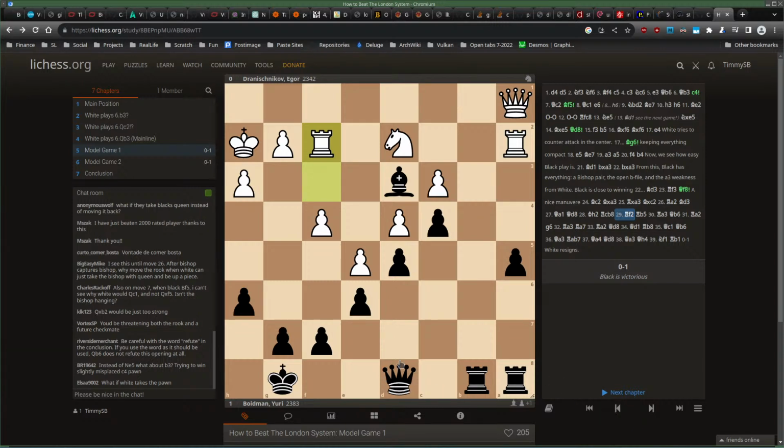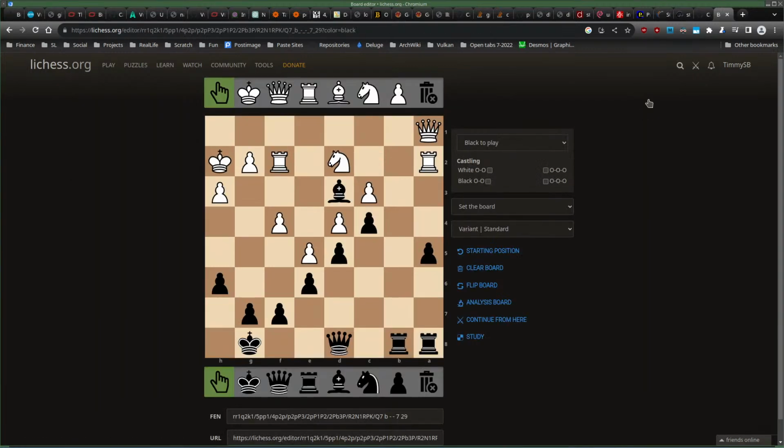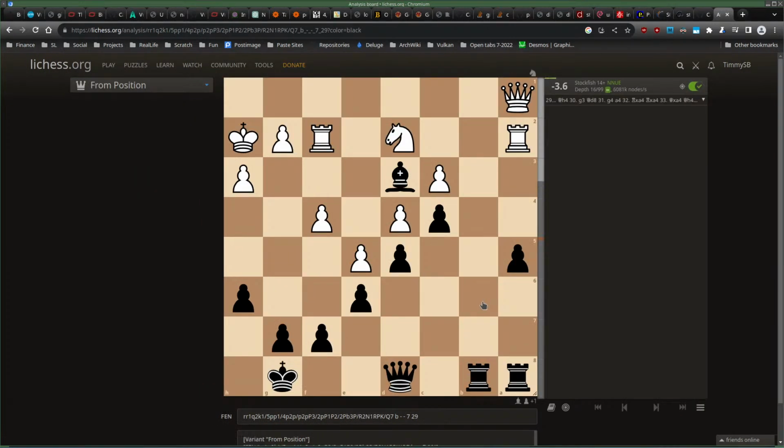Why not play the queen here now? Jeez, black is already completely winning.